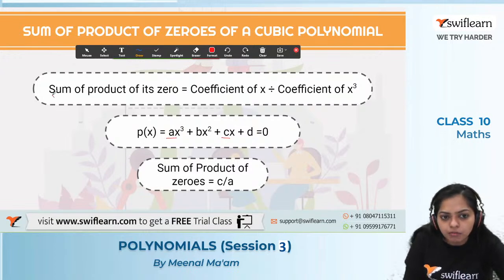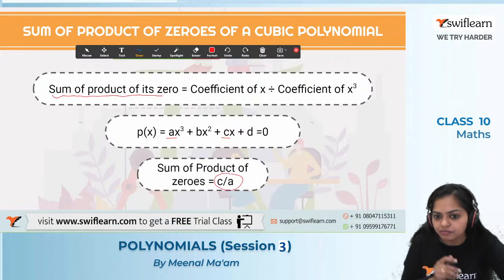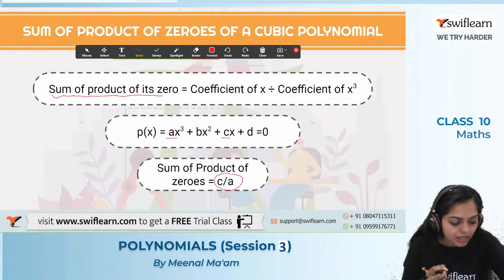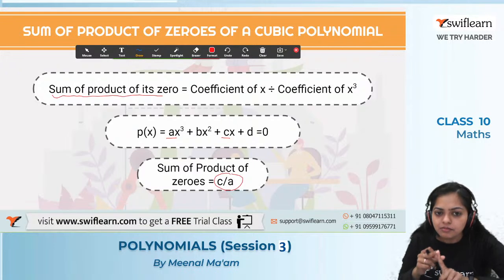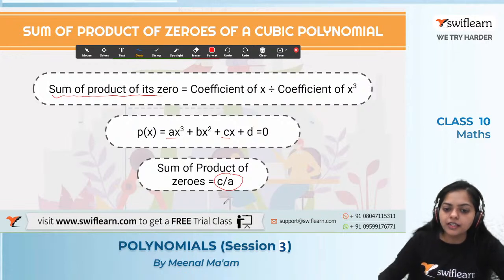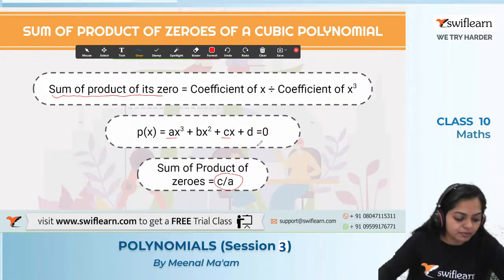So the sum of product of its zeros will be equal to c by a. Got it? So we have discussed the sum of zeros, the product of zeros, and the sum of product of its zeros, and that will be equal to c by a. Got it, everyone?